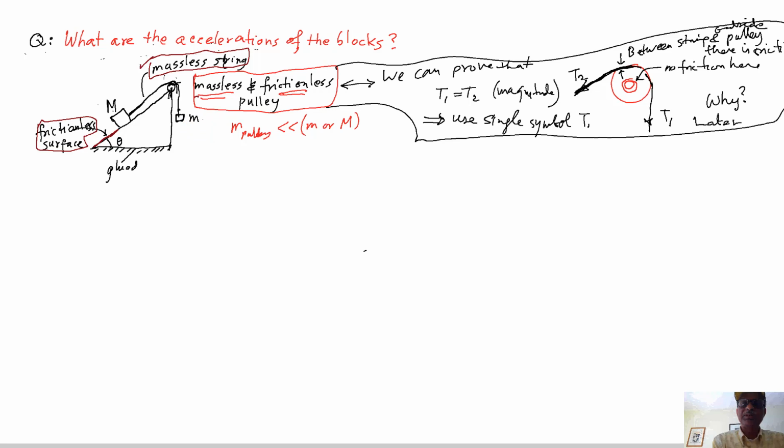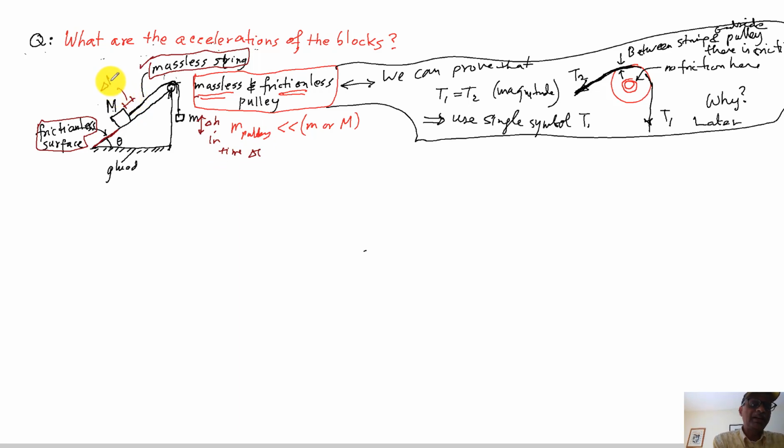A couple of things to notice here. If this block is covering a distance delta h in time delta t, then this one will be moving the same amount.